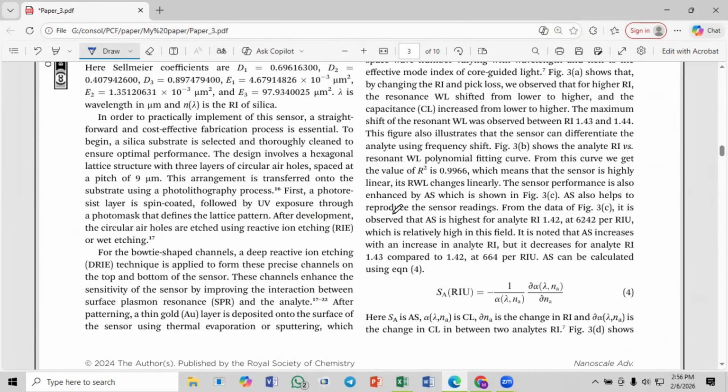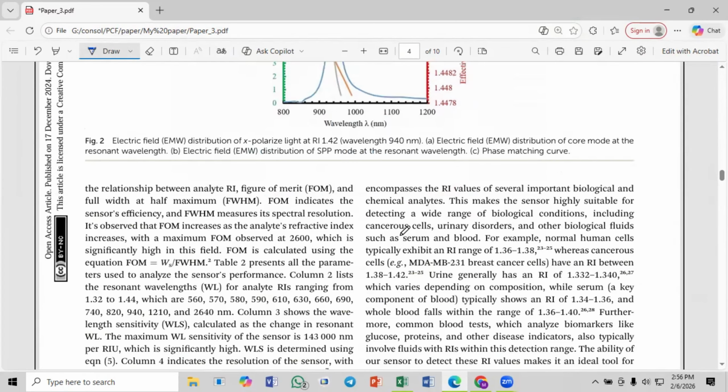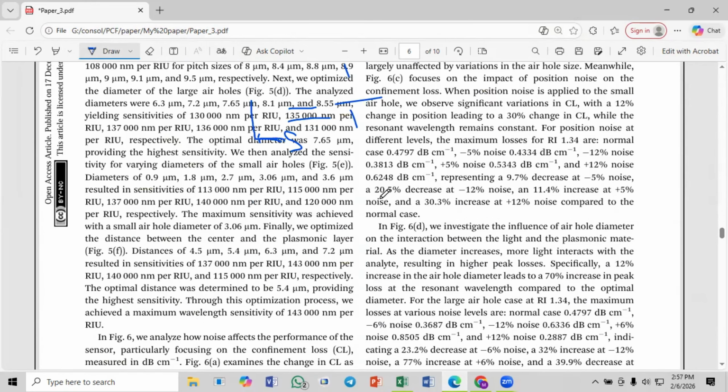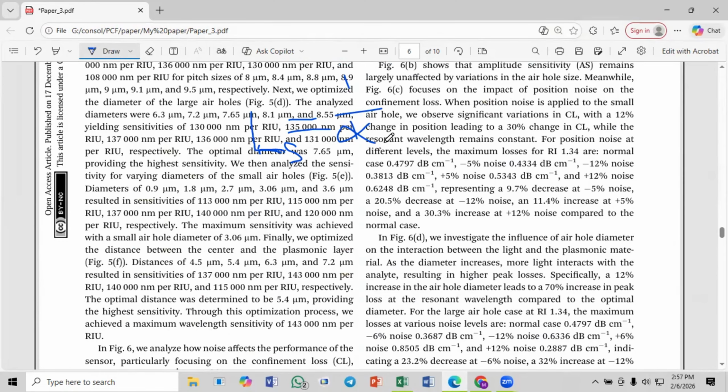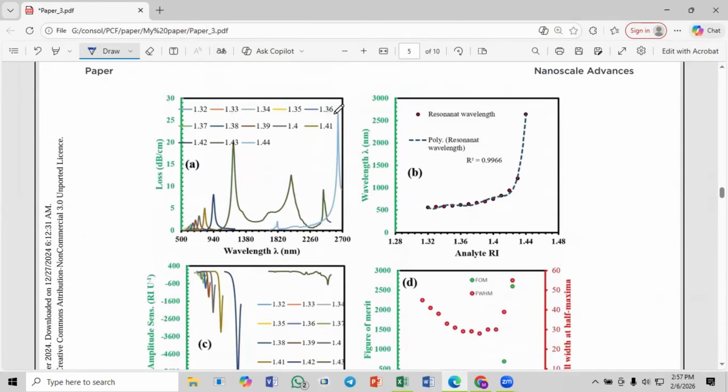For this case, you can see that the maximum loss is maybe 25 or 28, let's say 28.